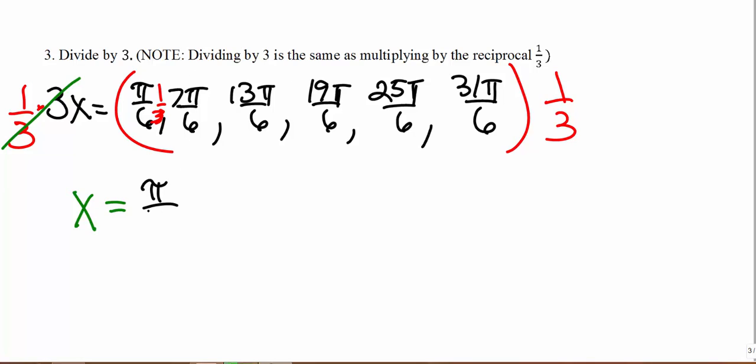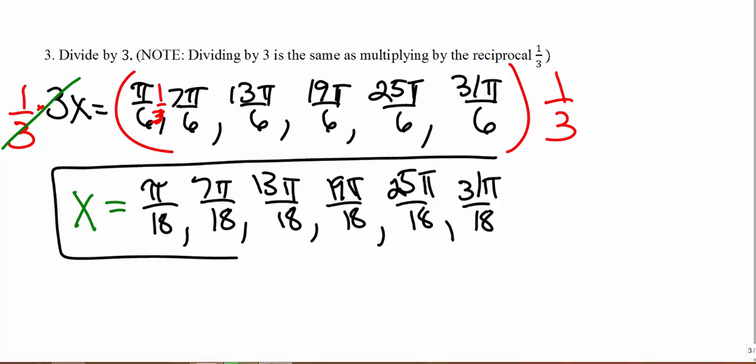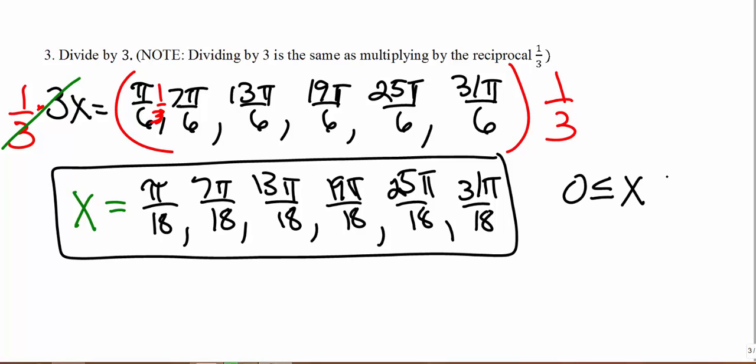So we get pi over 18, 7 pi over 18, 13 pi over 18, 19 pi divided by 18, 25 pi divided by 18, and 31 pi divided by 18. And these are all solutions that, if I were to graph them, I would find would be x values, radian measures between 0 and 2 pi.